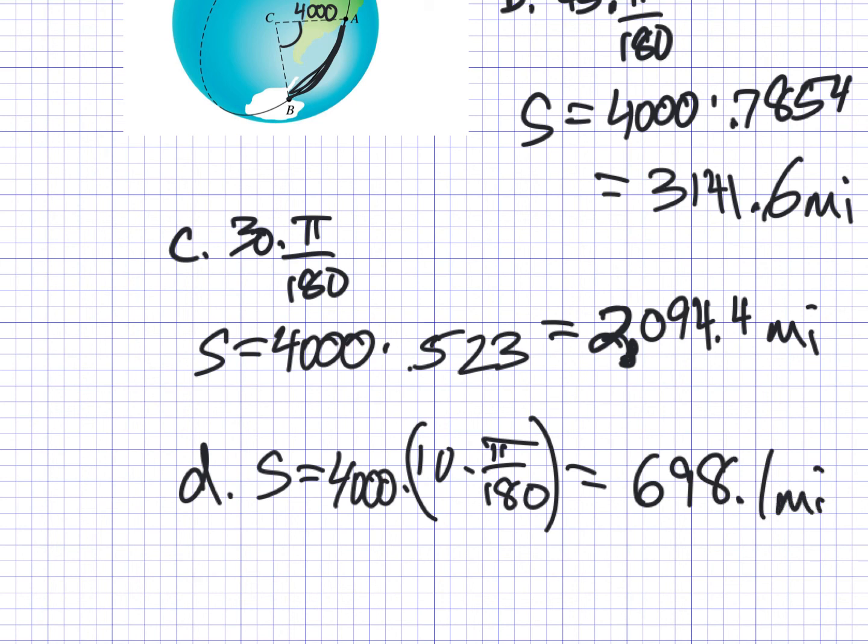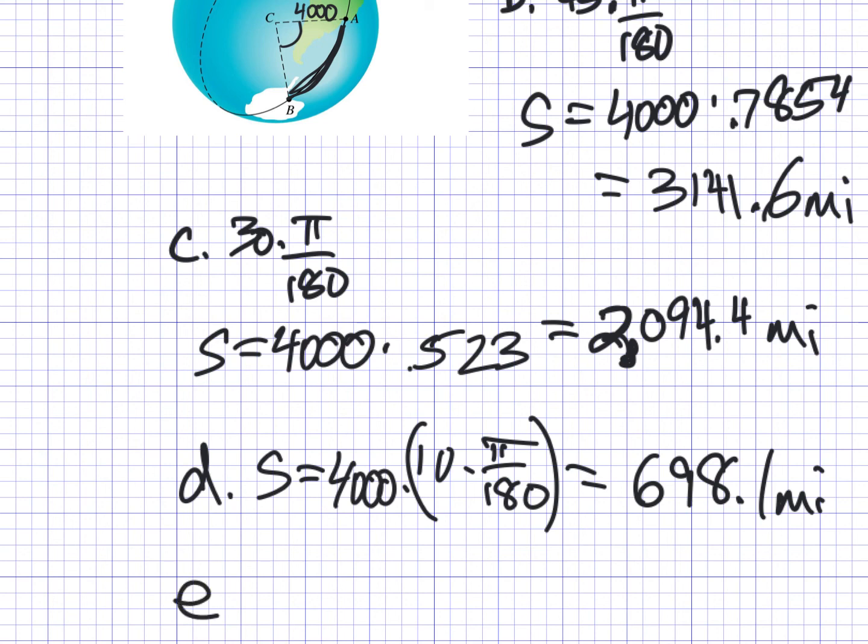So 10 degrees is 700 miles, about the distance from Kokomo to middle of Florida. That's kind of rough, but that's about what 10 degrees is. Remember, for half the face of the Earth, that's 1/18th of the distance, which sounds about right.